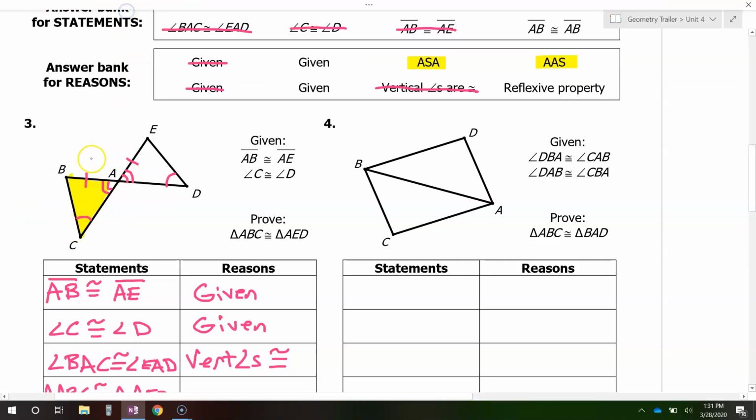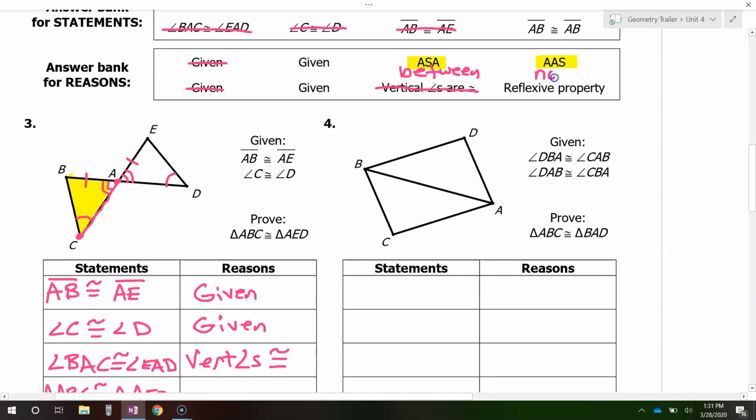The way we know the difference is by thinking about the word between. It'll only be angle, side, angle if the side is between the two angles. Is this side between the two angles? No, because here's one angle, here's the other angle. This is the side that's between the two angles. The side that's marked is not the side that's between.